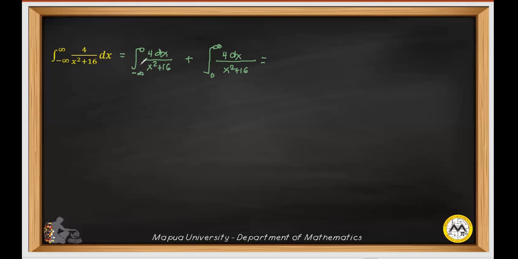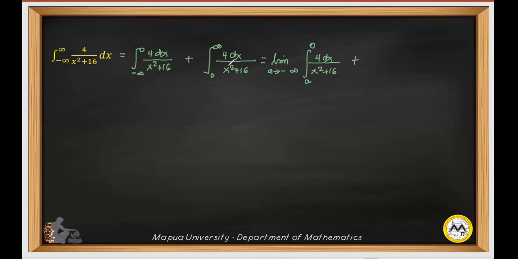And using the definition of improper integrals, the integral of 4 dx over x squared plus 16 from minus infinity to 0 is equal to the limit as a approaches negative infinity of the integral of 4 times the differential of x over x squared plus 16. Negative infinity will be replaced by a, and the upper limit is 0.